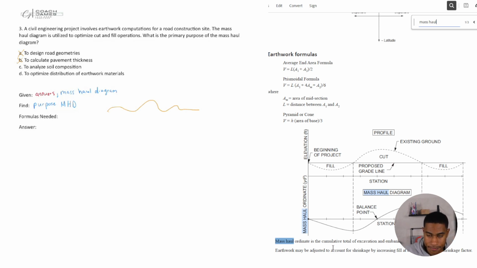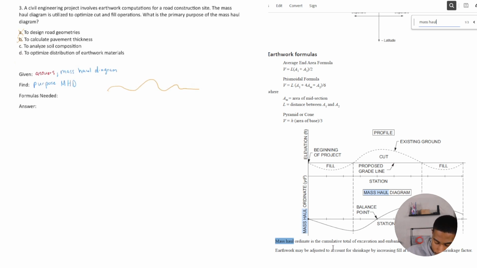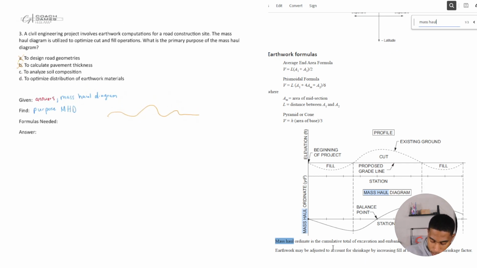That would be like, what is the soil made of? Is it fine, or is it clay, or whatever? So no. To optimize distribution of earthwork materials. Yes, so you're optimizing where you're going to be distributing your cut versus where you're going to be distributing your fill. So D. Woo.